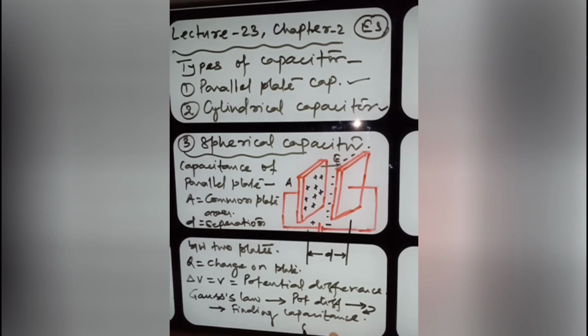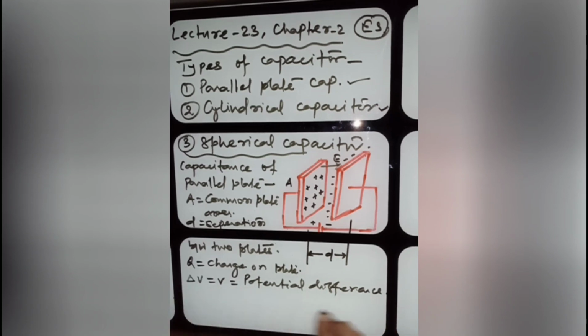How? Q equals C delta V. You have to use this Q equals C delta V to find the capacitance. Since this is not part of the derivation, this is the key I'm giving you. That's why I'm rubbing this one. Kindly note down.